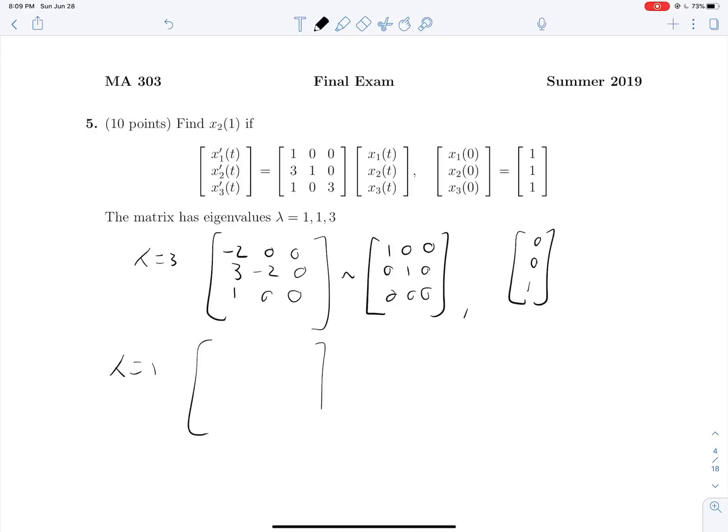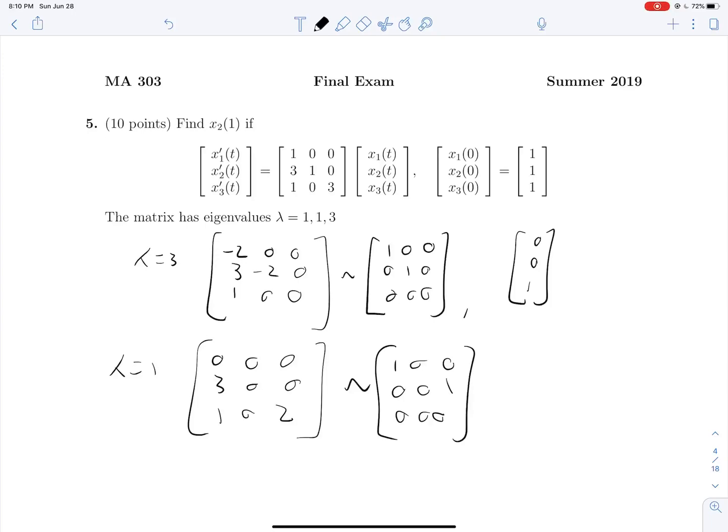For lambda equal to 1, A minus lambda I gives us 0, 0, 0, 3, 0, 0, 1, 0, 2, which we can simplify down to 1, 0, 0, 0, 0, 1, 0, 0, 0.